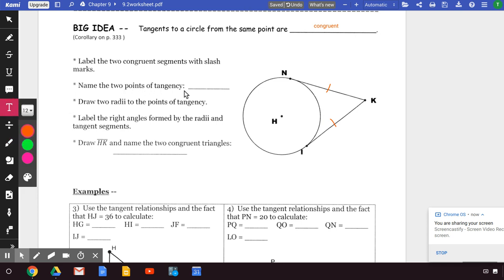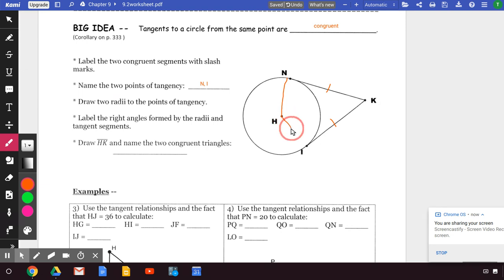So our points of tangency would be point N and point I. And we can draw our radii to them. And we know from our last big idea that that makes these right angles.